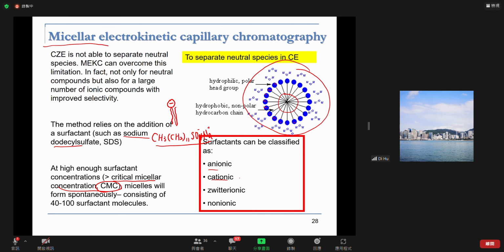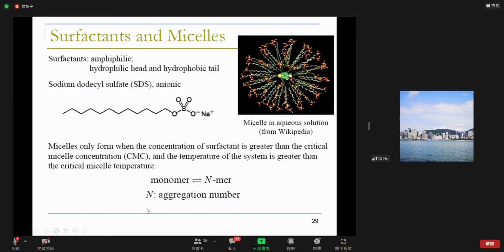There are different kinds of surfactants, and they form micelles. A micelle consists of 40 to 100 surfactant molecules squeezed together. This is how it looks in aqueous solution. It is amphiphilic, because within this molecule we have one hydrophilic head and a hydrophobic tail.